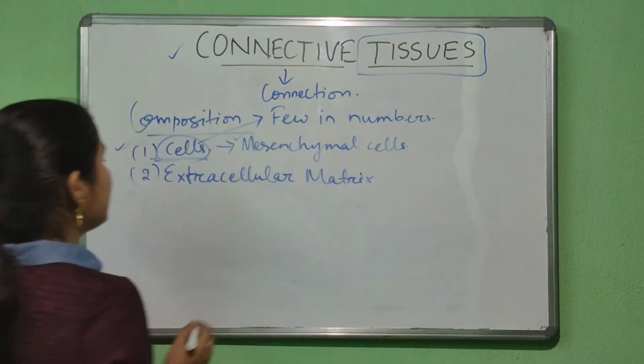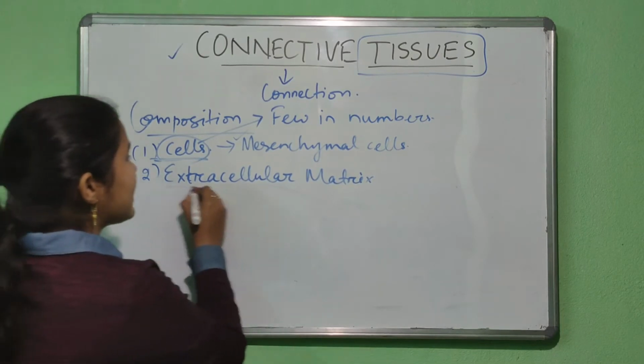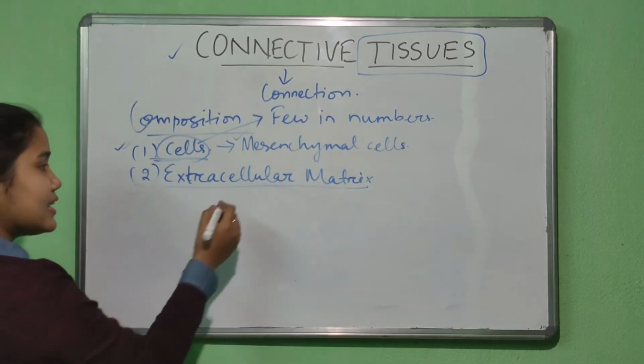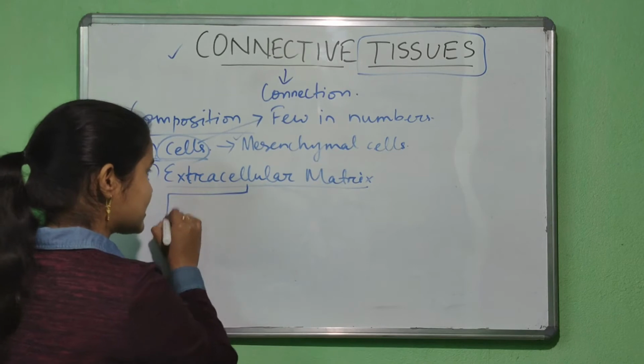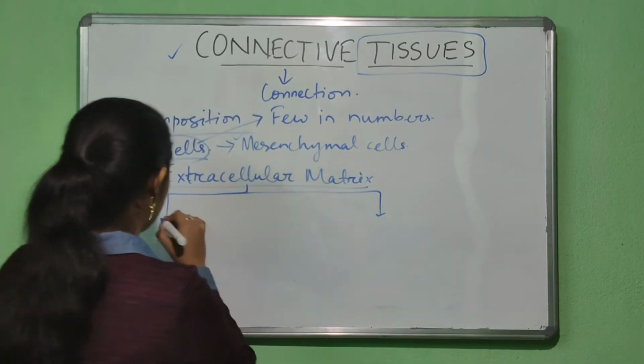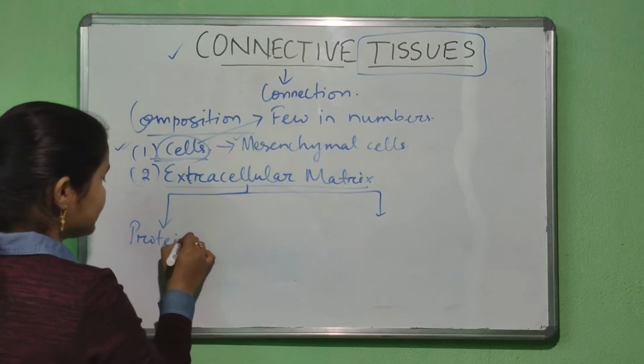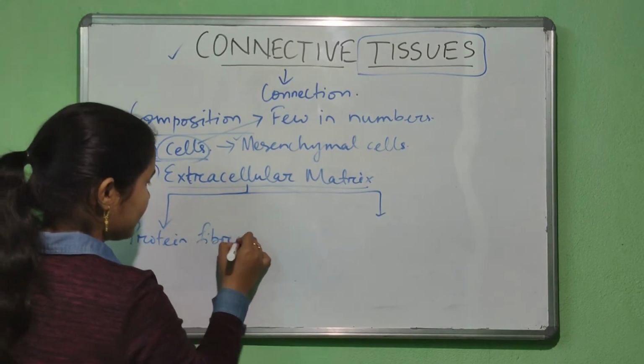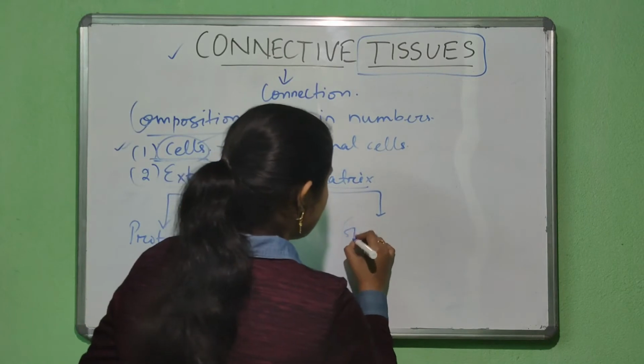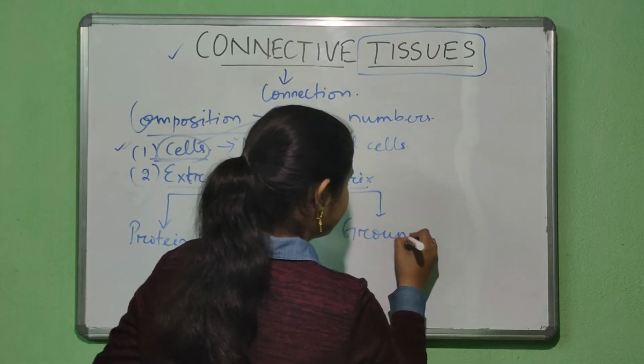Now come to this extracellular matrix. Considering the composition of the extracellular matrix, it is made up of two things. The first one is the protein fibers, and the second one is the ground substance.